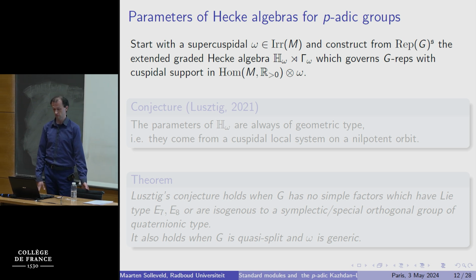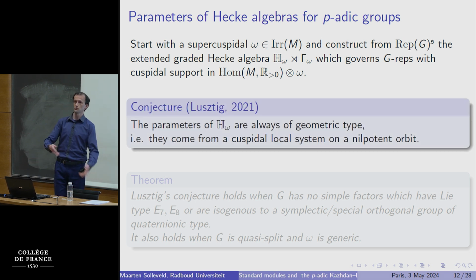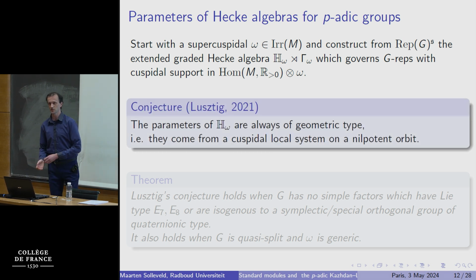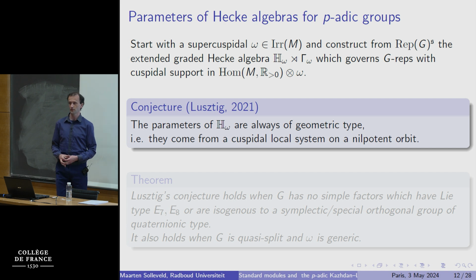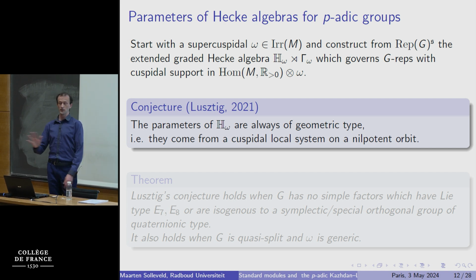In general, this is what I mentioned before: if you want to get some complex geometry into play, you need to find at some point a graded Hecke algebra with nice parameters, and Lusztig has in fact conjectured not all too long ago that this always works well.